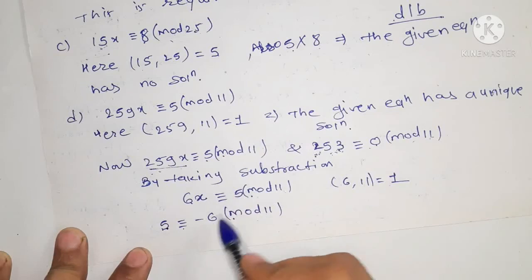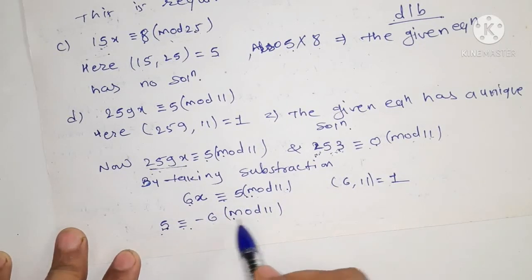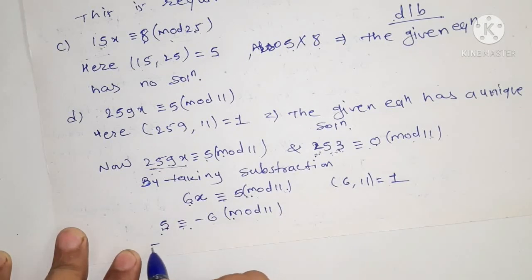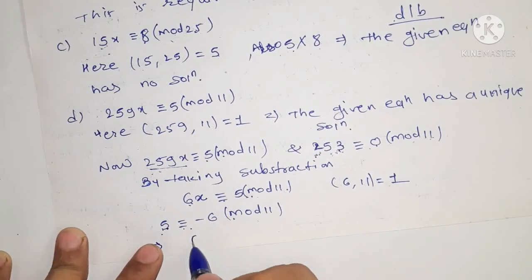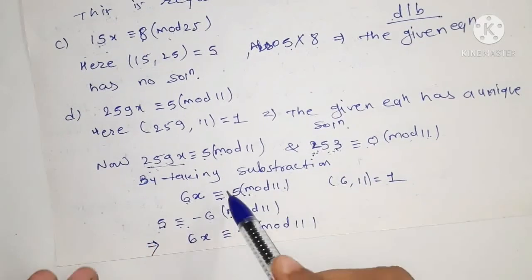Therefore we can combine these two: 6x is congruent to 5 mod 11 and 5 is congruent to minus 6 mod 11. Both imply that 6x is congruent to minus 6 mod 11 because of the property of transitivity.